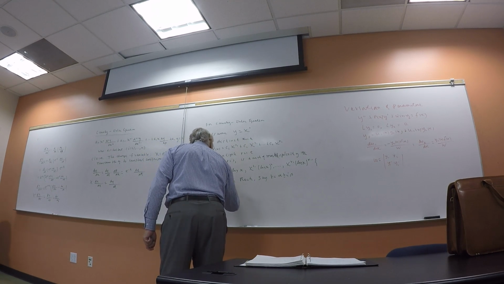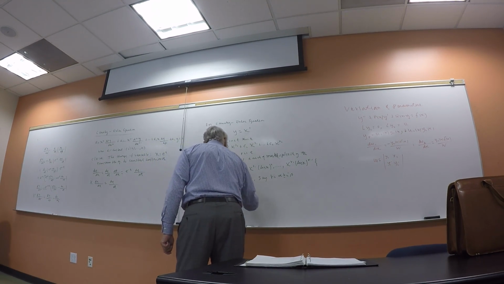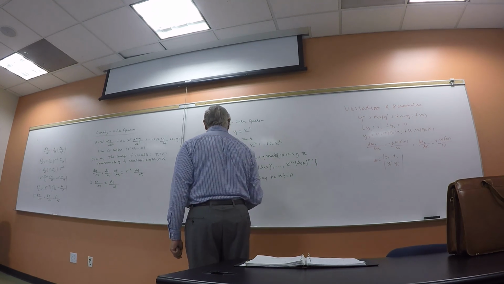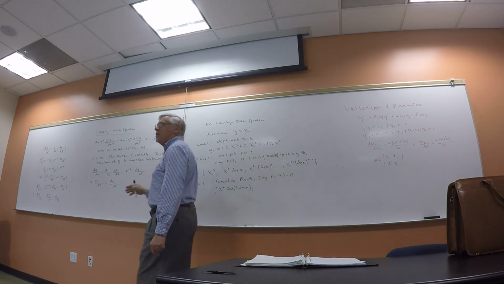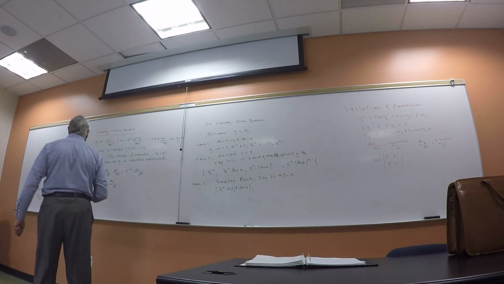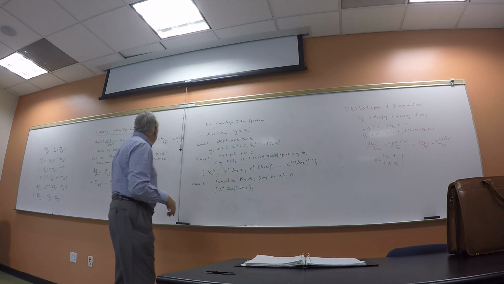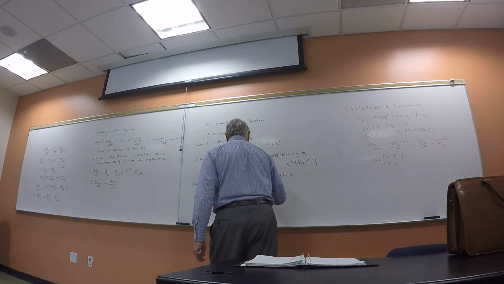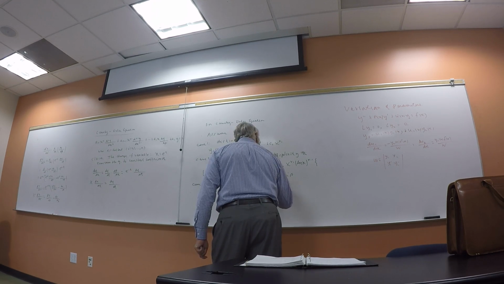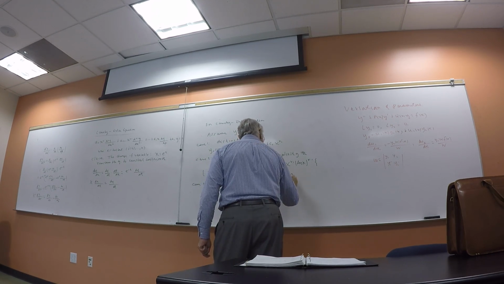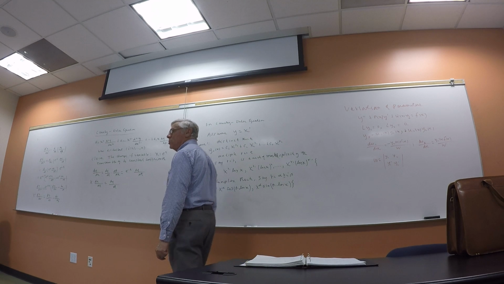Cosine of beta t, unfortunately, that becomes cosine of beta log x. Kind of weird, a cosine of a log. And then the second independent solution would be x to the alpha sine of beta log x. So those would be the two solutions.